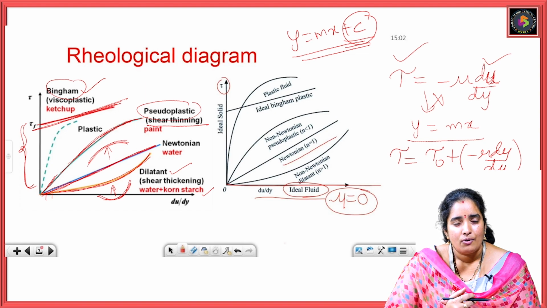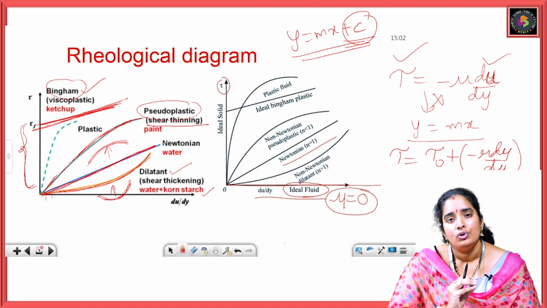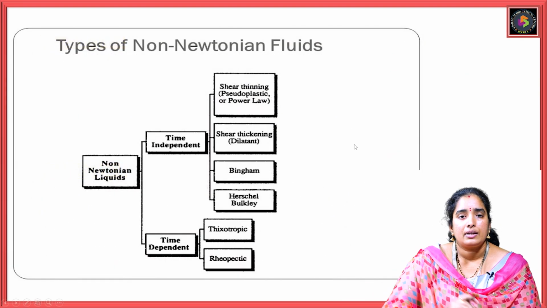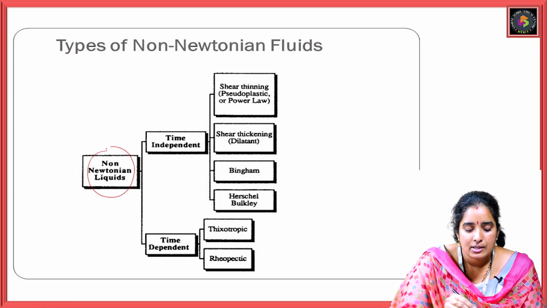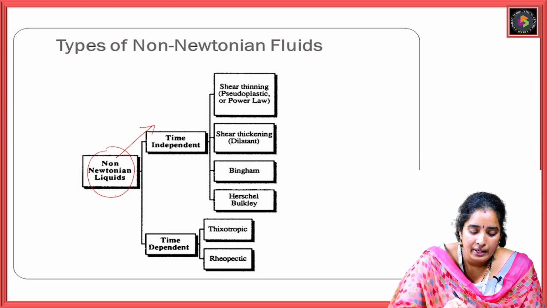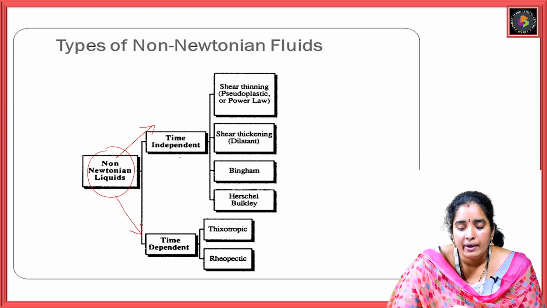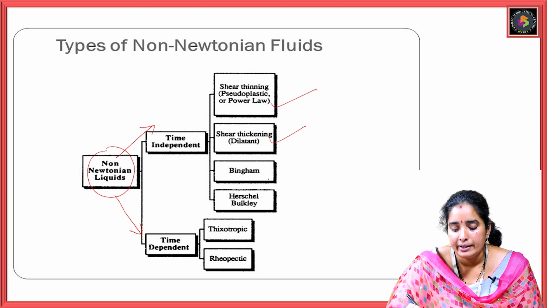Why time? Some fluids are also classified based on time dependence. If you observe here, non-Newtonian fluids are classified into time independent and time dependent fluids. In time independent, what we have discussed so far: shear thinning, pseudoplastic, dilatant, Bingham.